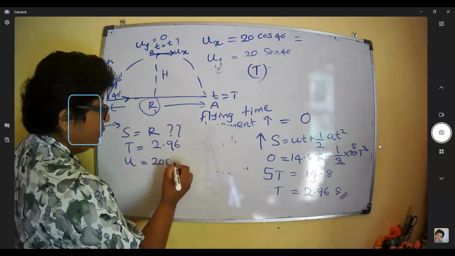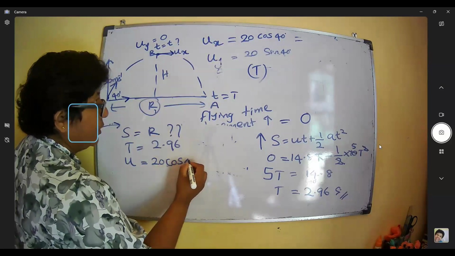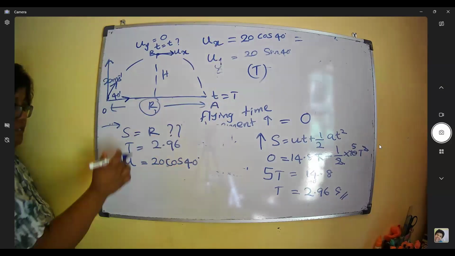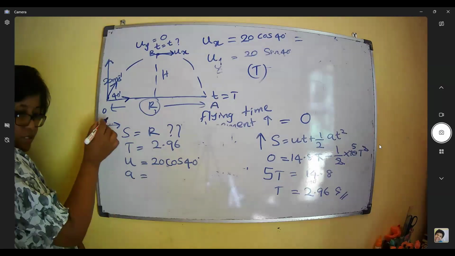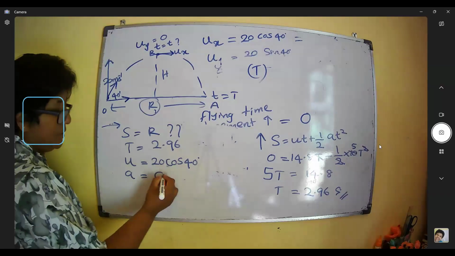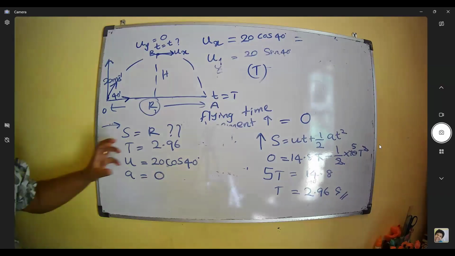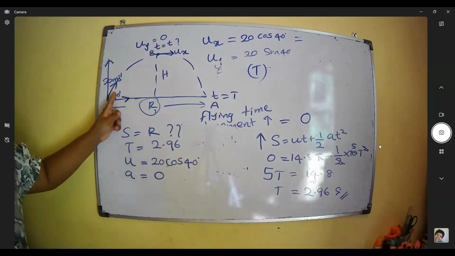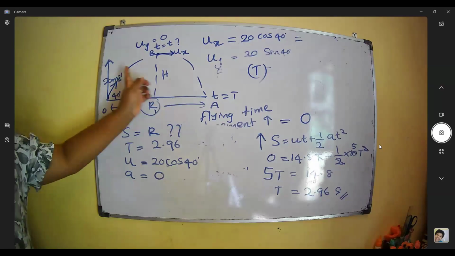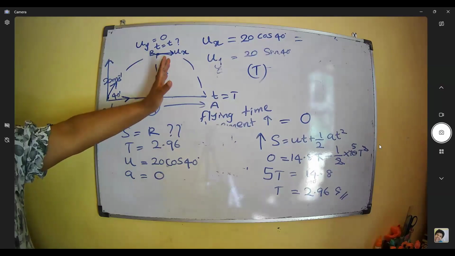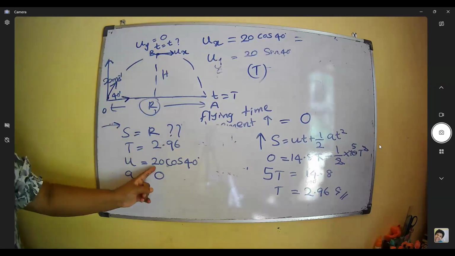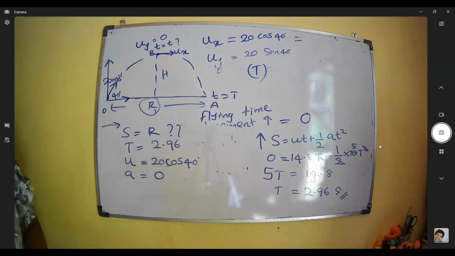Now the question is, is there any acceleration along the horizontal direction? No acceleration. A is 0. It is moving with constant velocity. Throughout the motion, we know the horizontal component of the velocity is a constant value. This is not changing, 20 cos 40.